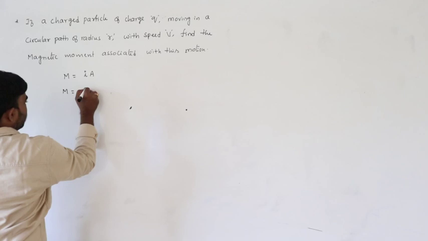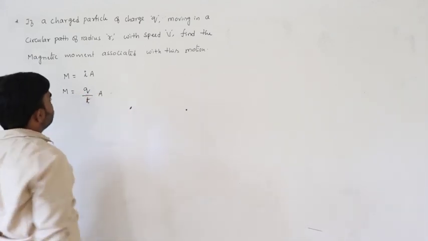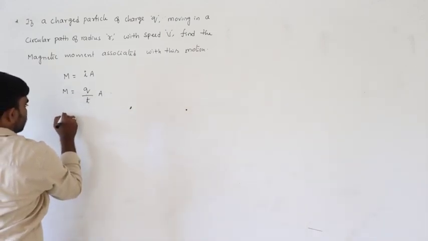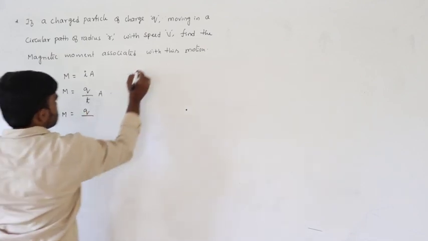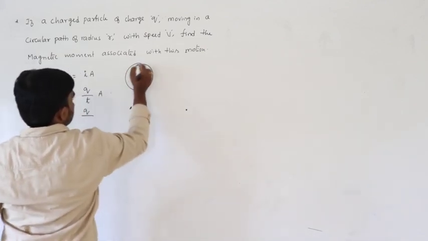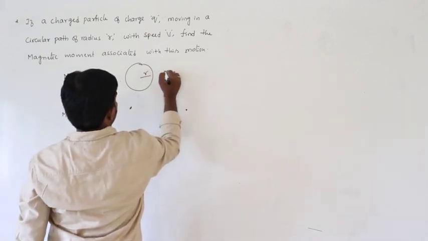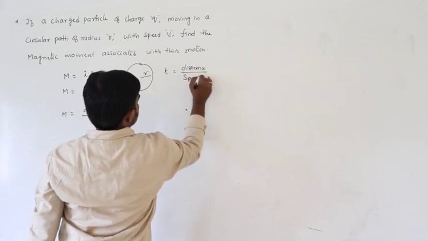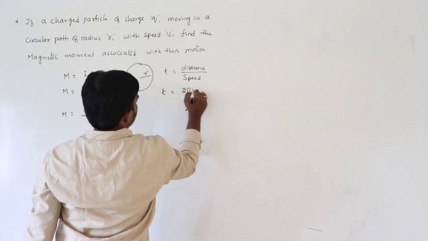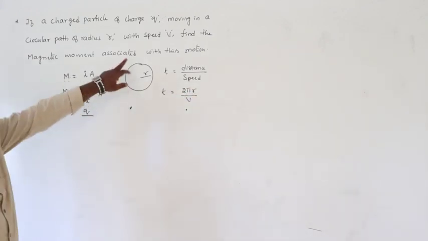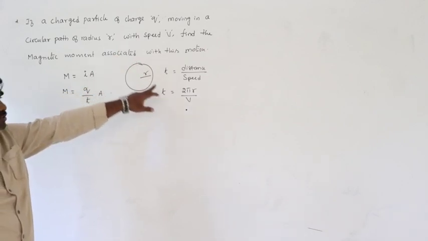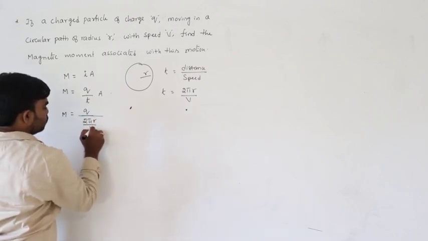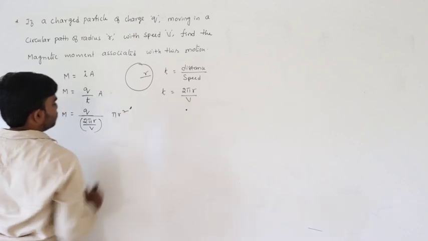I can be written as Q by T, the current being the rate of flow of charge, so M is Q by T into A. For the charged particle moving in a circular path of radius r, time is distance by speed. The distance for one circle is 2 pi r, so time is 2 pi r by v, and area is pi r square.